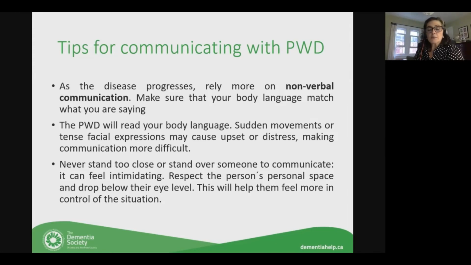You're creating the maximum amount of space with your bodies and not standing over them. There's a sense of openness in that stance. This is called the supportive stance. You're about a leg length away from the person, and you have the extra space there between you. And that is really the most non-threatening stance that you can take if you're trying to communicate with someone.